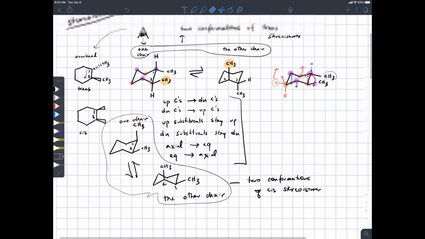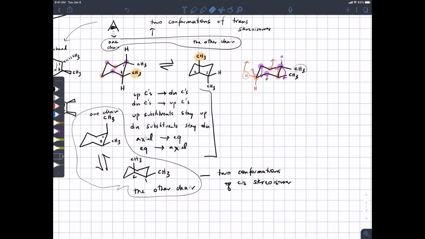Yeah, you bet. Some people will draw chair flipping like this, and I think your text will do this. But if this is carbon 1 and this is carbon 2, that's not a chair flip, that's just a twist around to see one from the other.